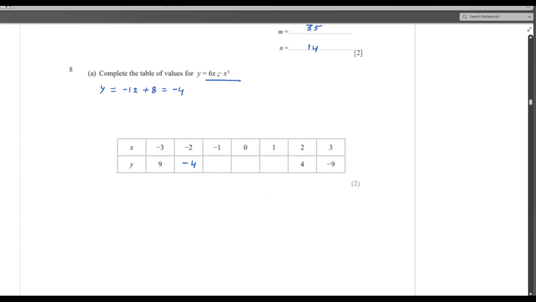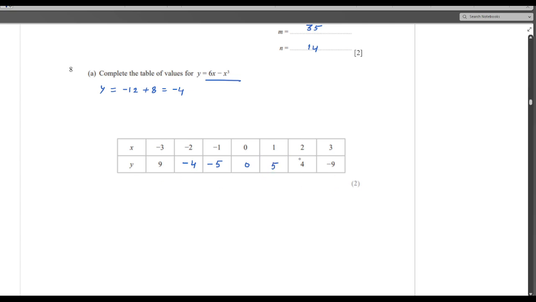Then if I substitute minus 1, it is minus 6 plus 1, which is minus 5. Then if I substitute x as 0, my answer will be 0. If I substitute x as 1, it is 6 minus 1, which is 5.